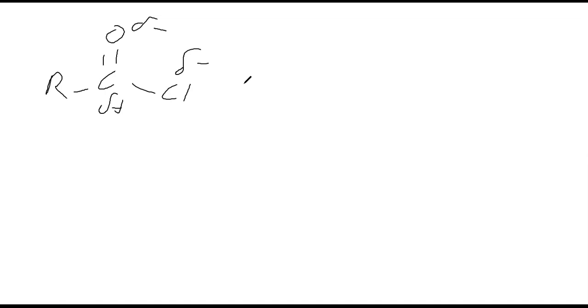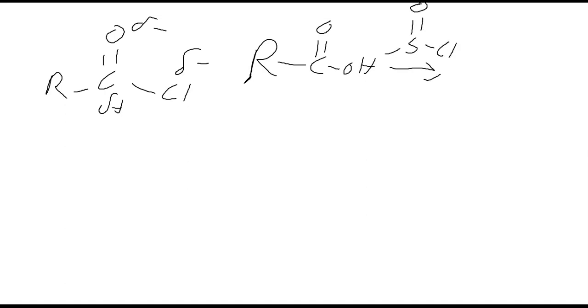Now, as I said, there are two ways. I already told you one way we can make these from the carboxylic acid, using SOCl2, but we can also do it another way. The other way uses oxalyl chloride.